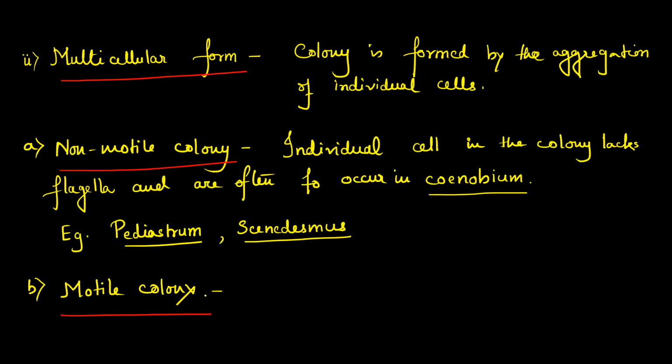Individual cells in the motile colony possess flagella for locomotion. Often a coenobium is found to occur. They are found to possess flagella, so obviously we are calling them motile. That means they will have flagella for movement.